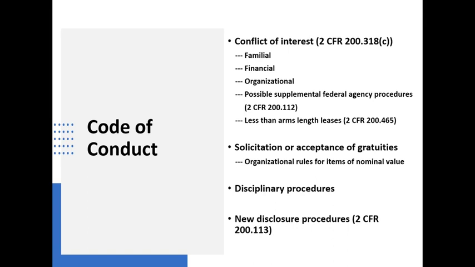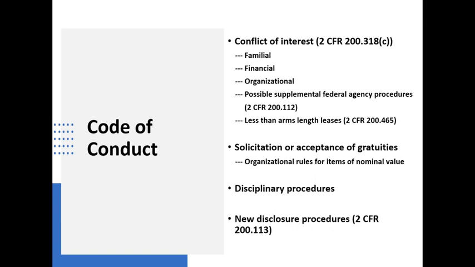Now, there are two major categories of policy related to this. The first is conflict of interest, and it makes clear that individuals who have a familial conflict of interest need to recuse themselves from a purchase. It talks about the employee or affected individual and any of their immediate family.